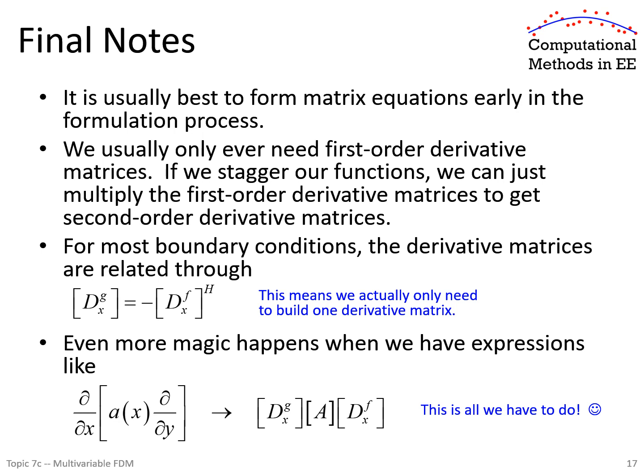So you will see me take the initial set of coupled partial differential equations and convert to matrix form very, very early in the process, and then formulate the final equation I want to solve with everything in matrix form. The other thing when we convert early in the process is that usually we only ever need the first order derivative matrices.